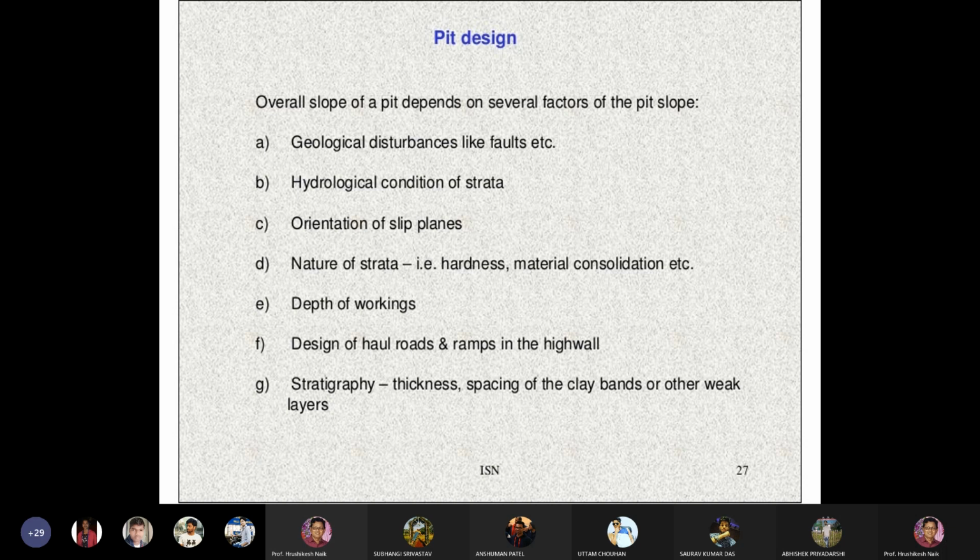So these are the things we are going to design in open cast mining.